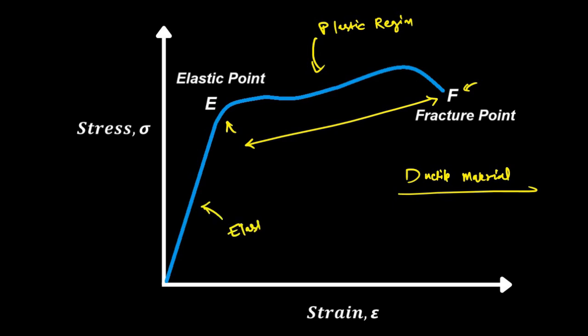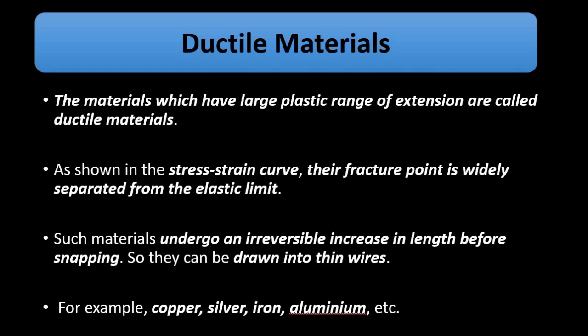So if the plastic region is wide, points are widely separated between the elastic and fracture point, then the material is ductile. It means it can withstand much higher levels of stress and the strain is large. So the materials undergo an irreversible increase in length before breaking, before fracture, before snapping.